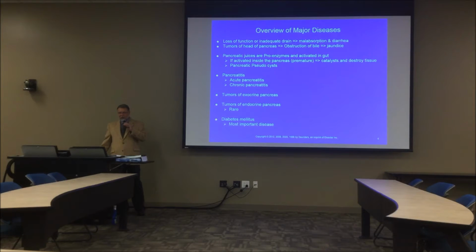So things that you'll see in this review of the pancreas, you can follow and read this overview. One of the important things, probably the third bullet, says that pancreatic juices are really pro-enzymes, so they're inactive substances within the pancreas, until they reach a point where they meet the specific food, protein, carbohydrate or fat, and that's where the enzymes are going to be activated.